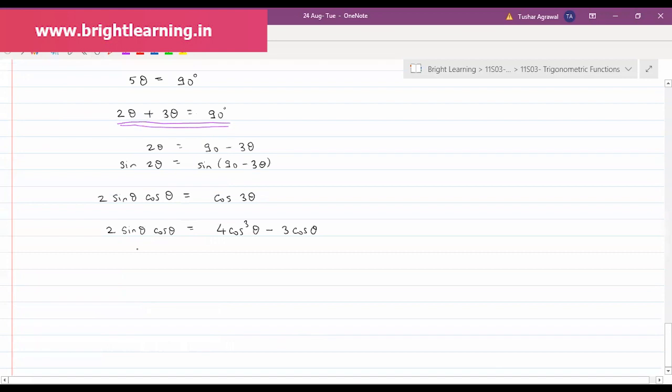So now twice sine theta cos theta is equal to, if I take cos theta as common, what remains is 4 cos square theta minus 3. You can 100% cancel out this cos theta from both the sides because we are 100% sure that cos theta is not equal to 0.